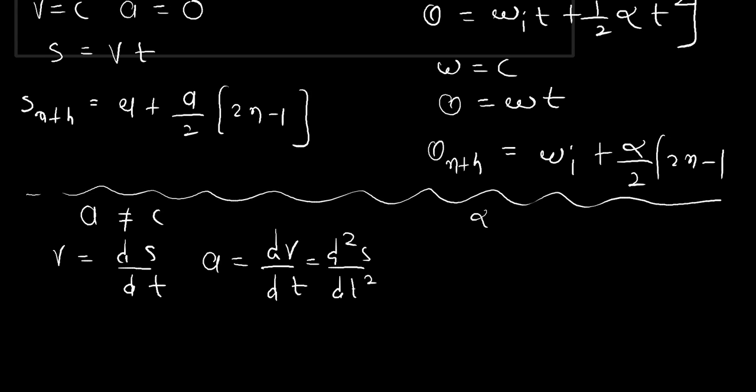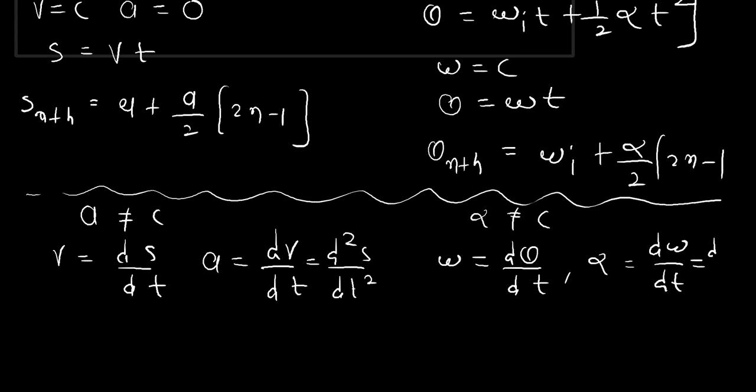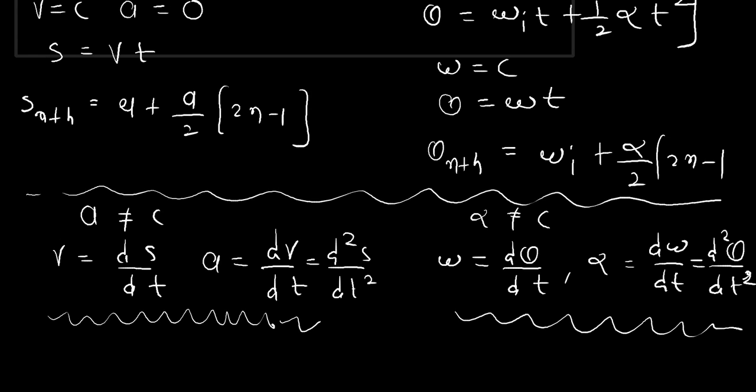Just similarly, when alpha is not constant, then omega becomes d theta by dt, and alpha becomes d omega by dt, or you can easily judge d2 theta upon dt square. So when it is not constant, you have to go with the math. So this is the total: if acceleration is constant, if velocity is constant, and if acceleration is not constant, then you can use these similar equations.